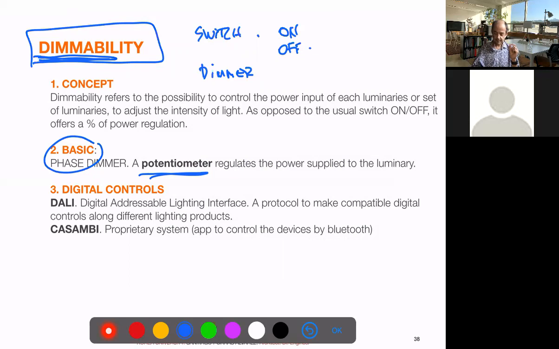There are two standards, DALI, which is digital addressable lighting interface, or CASAMBI, which goes through Bluetooth, that allow the control of light in an intelligent system. And you will see whether the lamps you use have that kind of compatibility or not.